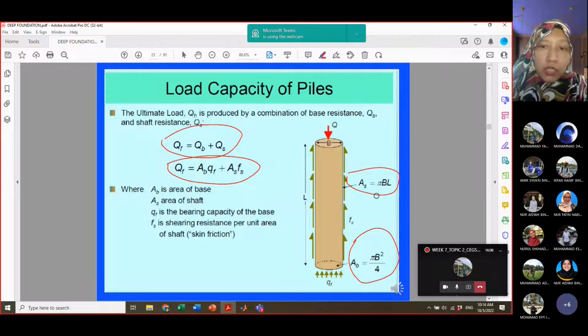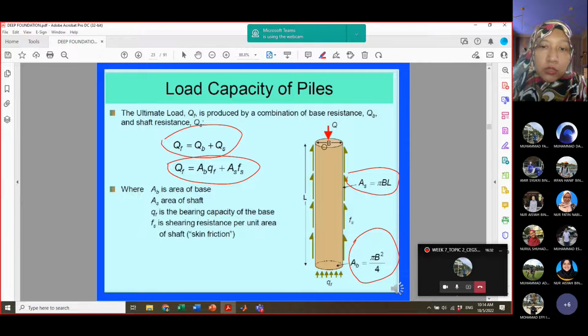So the area of the shaft AS depends on the perimeter of the pile itself. For example, if we have a circular pile, the bottom area of the tip can be calculated as pi B squared, or pi D squared over 4. However, the skin shaft area is calculated as pi times D times L.